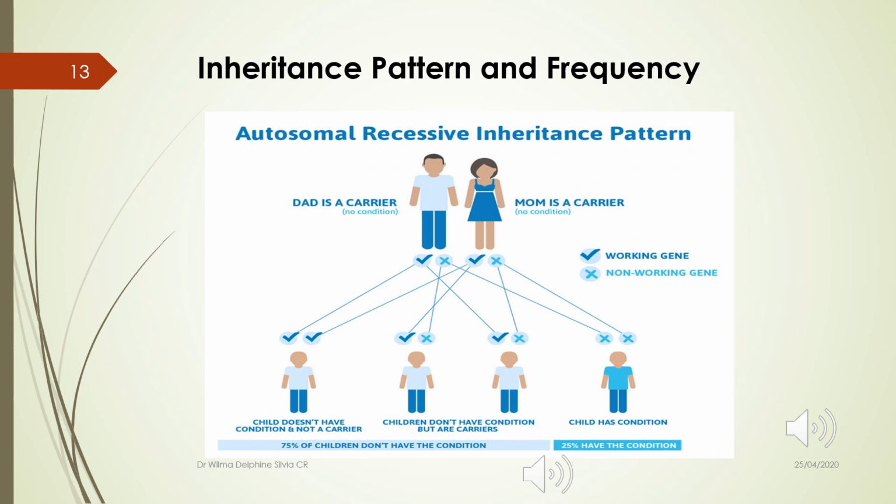But the fourth one has obtained both the mutated alleles, hence the child is suffering from phenylketonuria. A child from 2 parents with phenylketonuria will inherit 2 mutated alleles every time. Therefore, phenylketonuria appears.